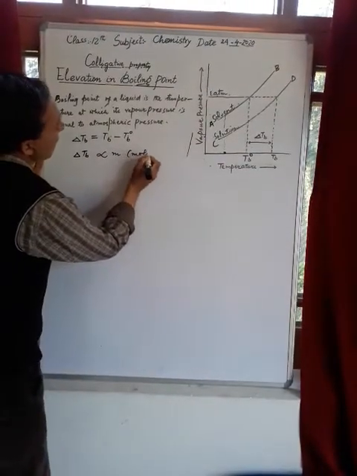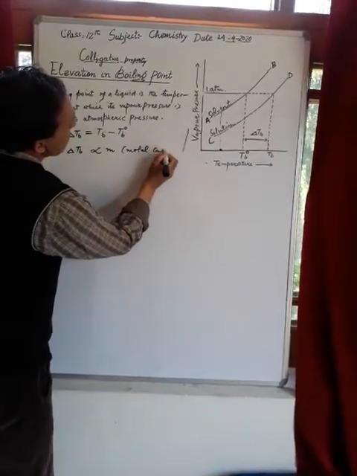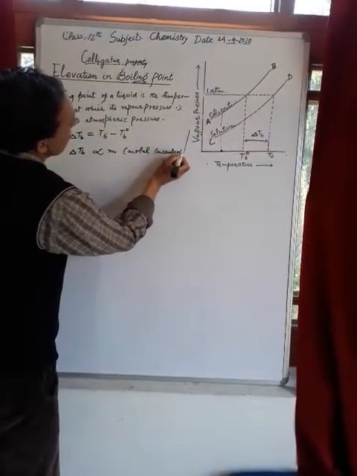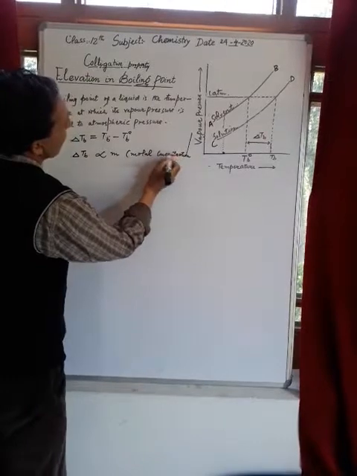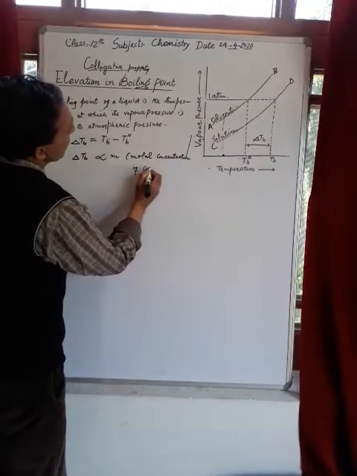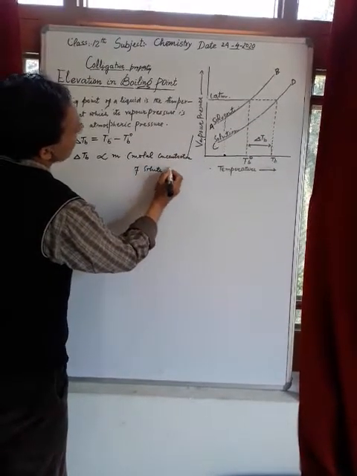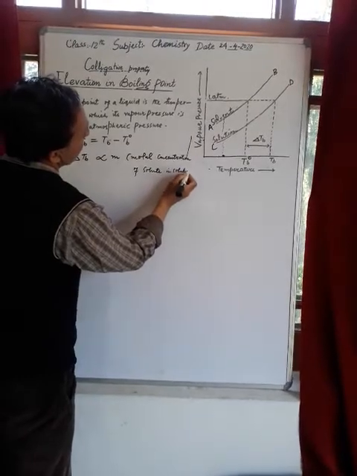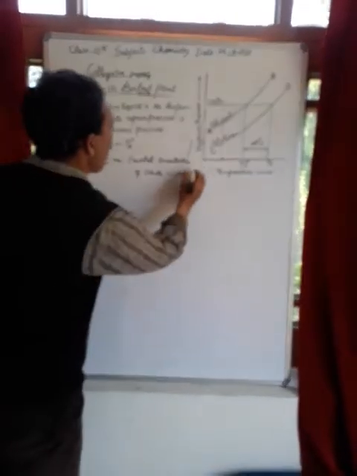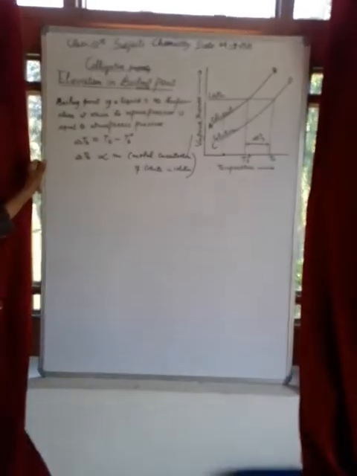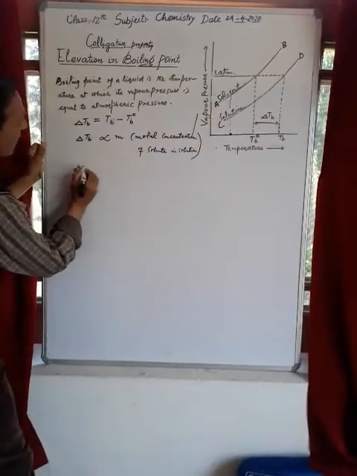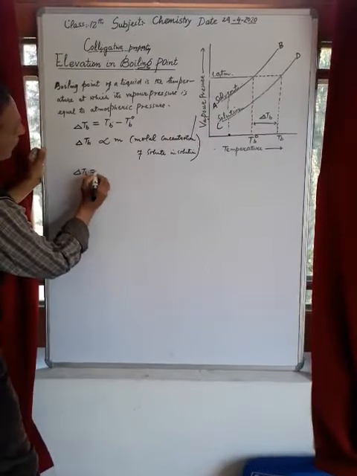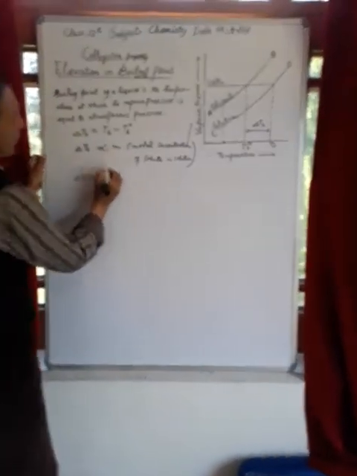It is the molal concentration of solute in solution, or it gives us the molality of the solution, or we can write del Tb is equal to Kb m.